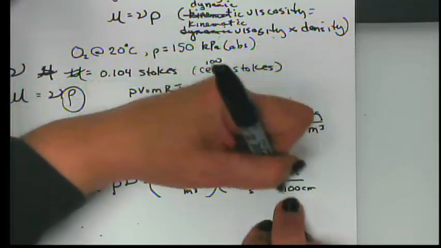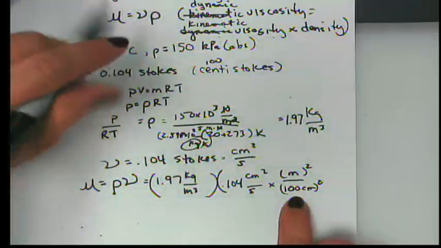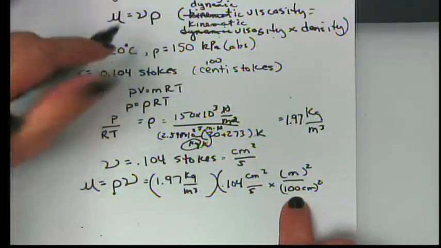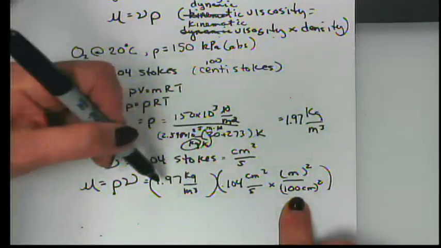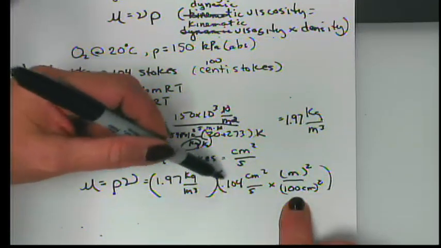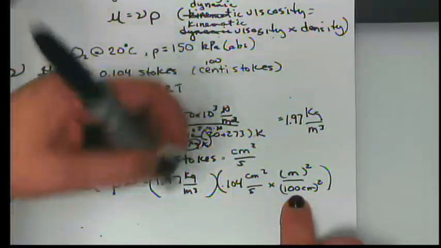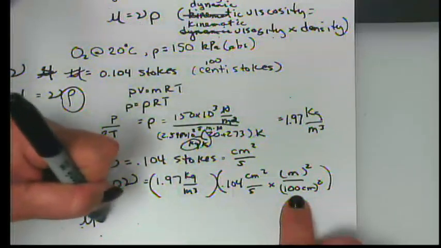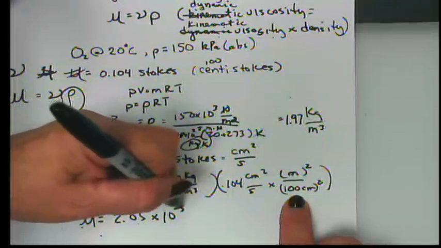But since we're squared, we have to square both of these. So we actually get 10 to the fourth in the bottom, which is 10 to the minus fourth up above. So our mathematics goes 1.97 times 0.104 divided by 10 to the fourth. And our value of mu then is 2.05 times 10 to the minus 5.